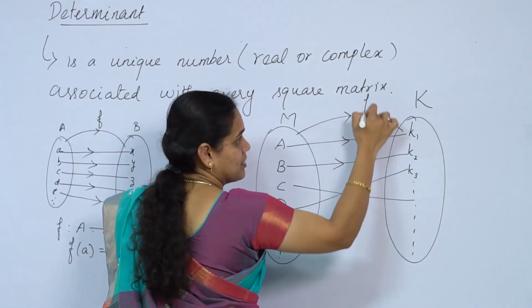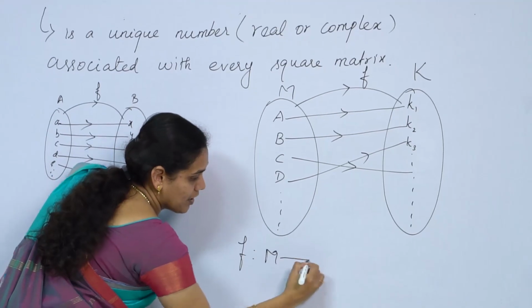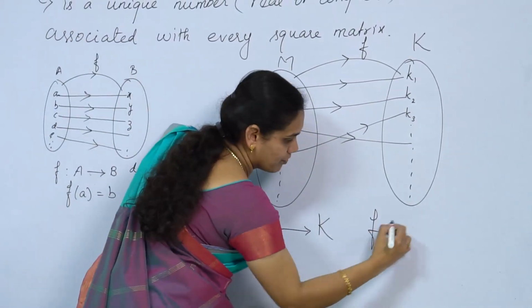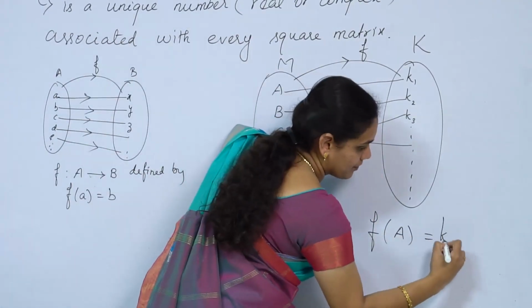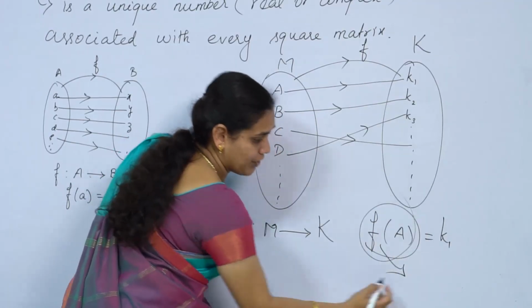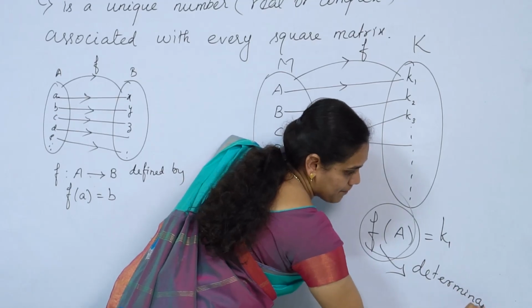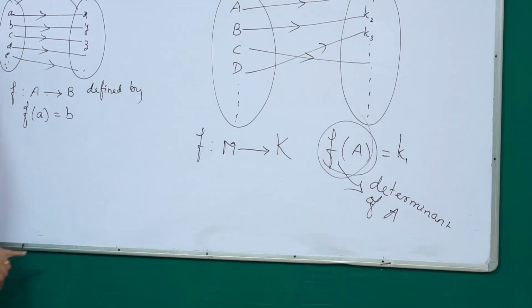If f is a function from M to K, then suppose I take the matrix A, and f of A equals k1. Then this f of A is called the determinant of A. Hope you understand.